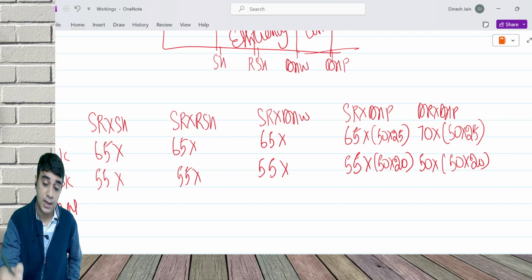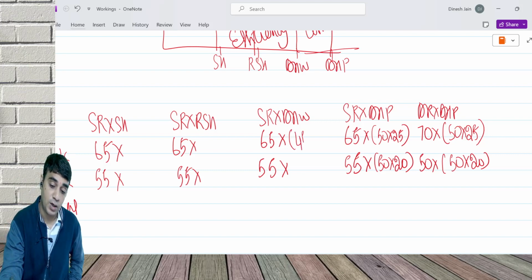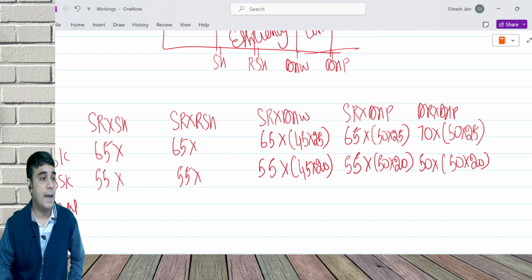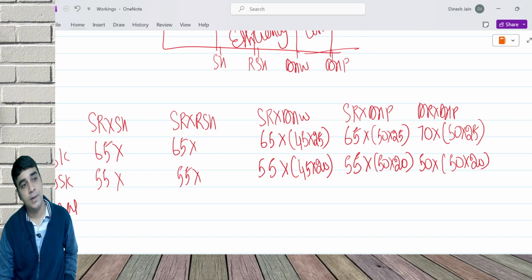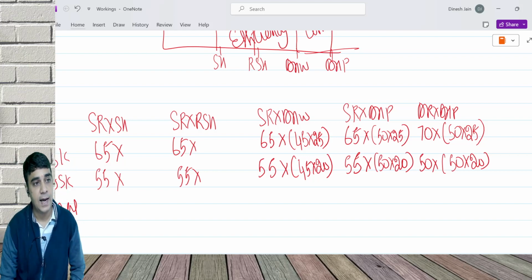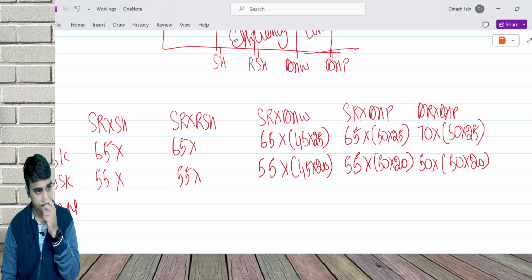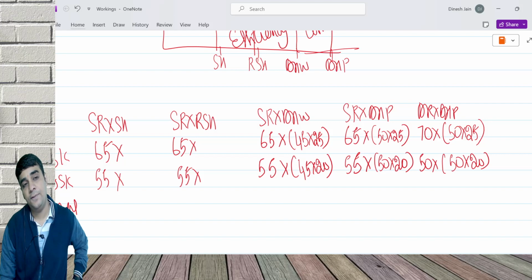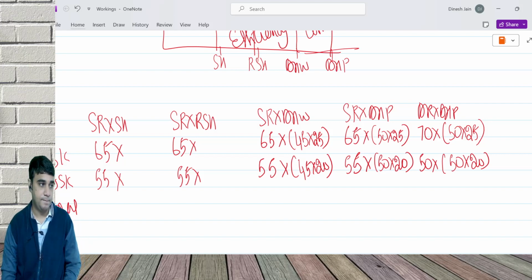Actual hours worked, listen, is 45 into 25 and 45 into 20. The gap of 5 hours is the idle time. 45 into 25 and 45 into 20.